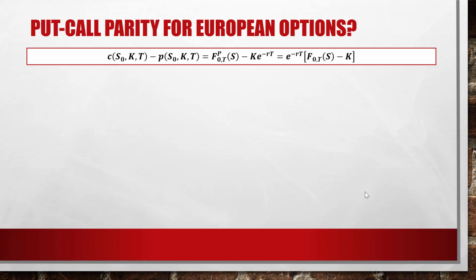Because at time zero we either pay or receive money when we buy or sell the option, the initial cost should be C(S0, K, T) minus P(S0, K, T). That is at time zero.